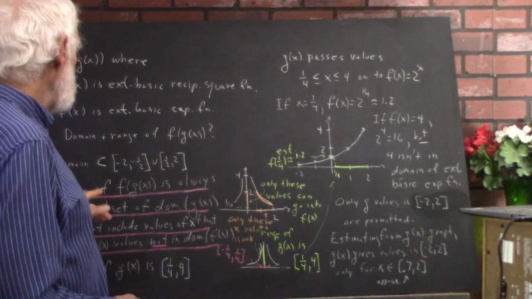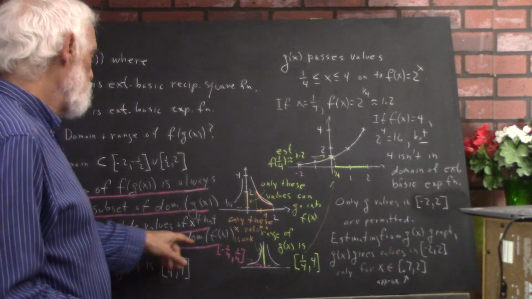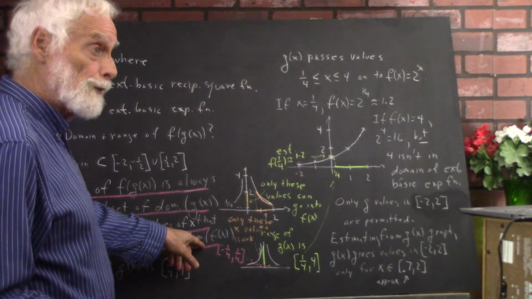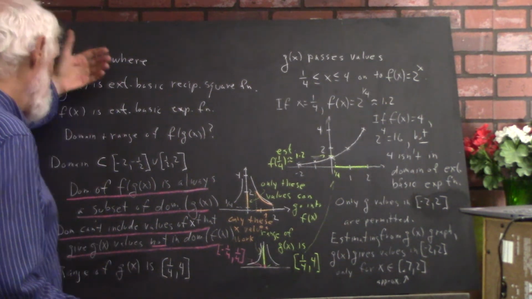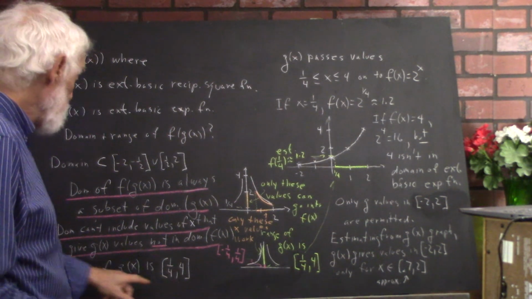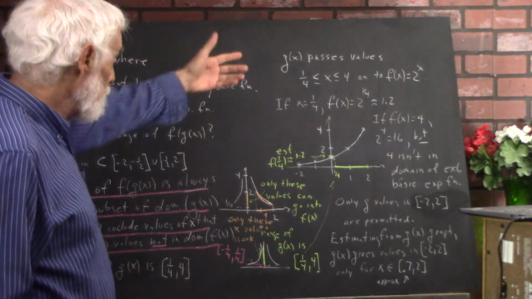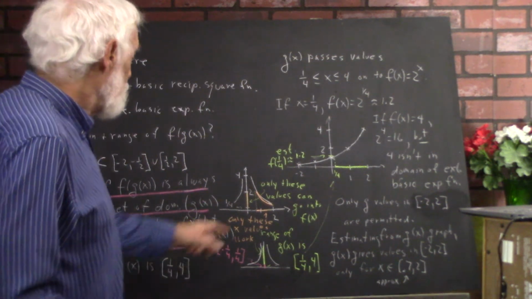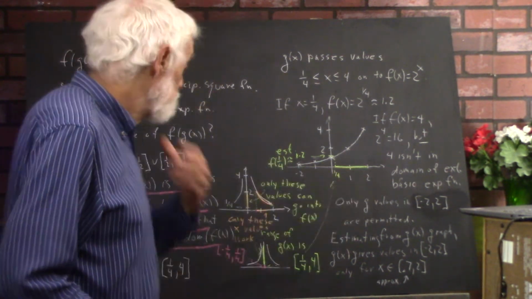And the domain can't include values of x that give you g of x values that are not in the domain of f of x. And that's a restriction here on the domain of f of g of x. Because the range of g of x is [1/4, 4], but not all those numbers will work in f of x, whose domain is only from -2 to 2.